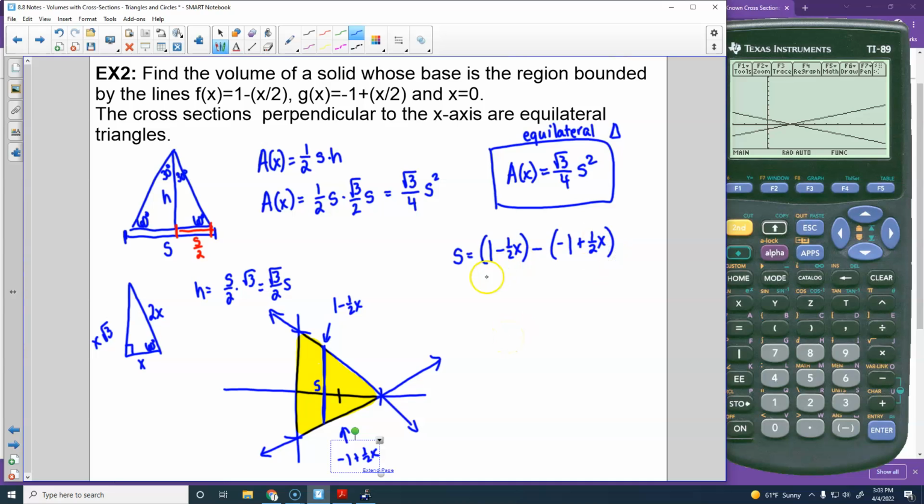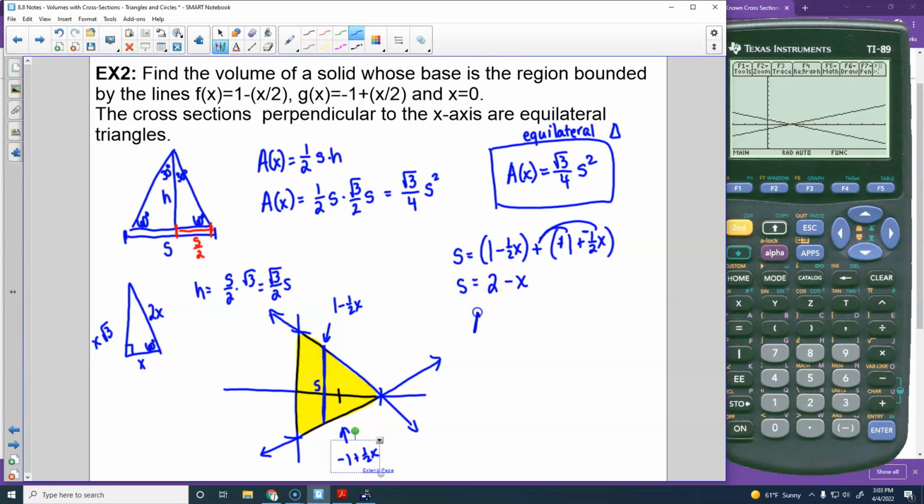All right, let's simplify some before we put it into the other equation. We'll distribute this negative here, which will make that positive and make this a negative. So we'll get 2 minus x, because we'll have a negative 1/2 and negative 1/2. This will give us a negative 1. So that's our s right there, 2 minus x.